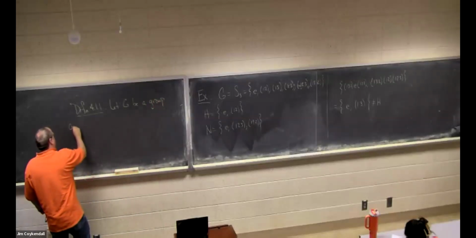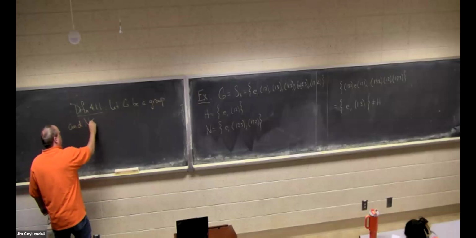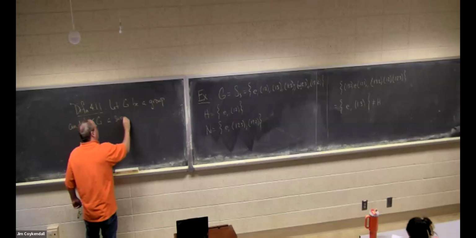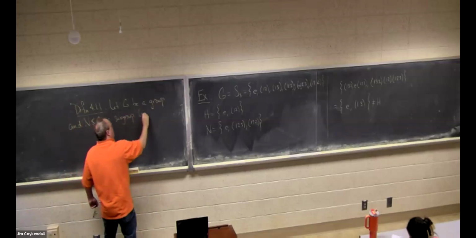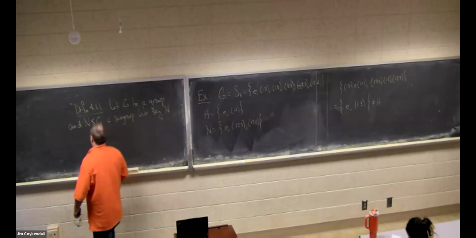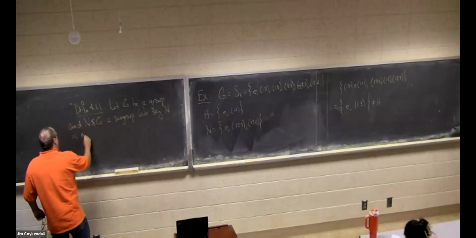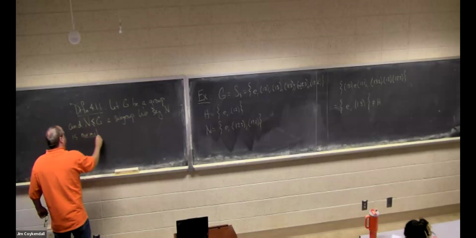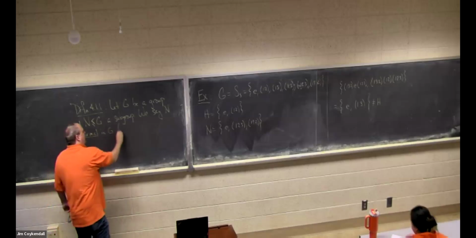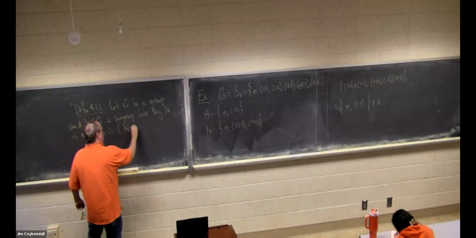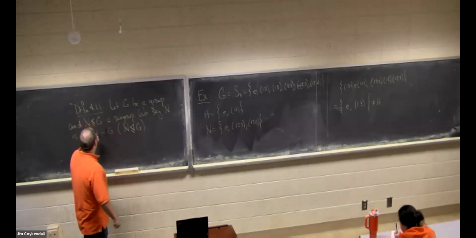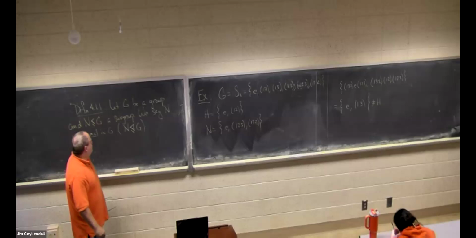We say N is normal in G, or a normal subgroup of G, and I'll use this symbol, instead of the less-than-or-equal sign you close the triangle off.